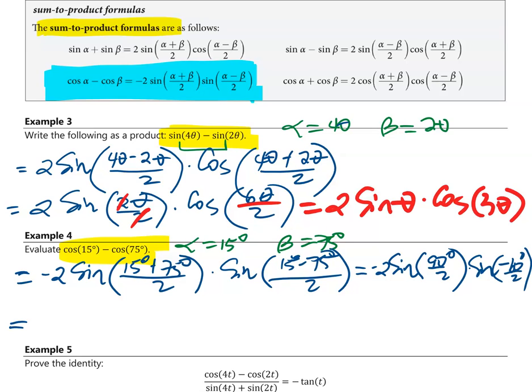So 90 over 2, that is 45 degrees, times negative 60 over 2, which is negative 30.